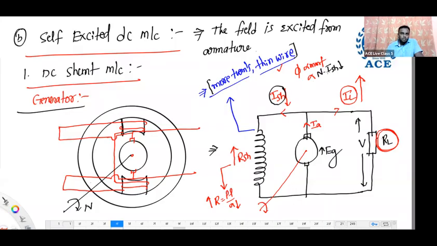MMF is not sufficient. For that reason, we increase the number of turns so that the required flux can be produced. Clear? That's why the shunt field is always represented with more turns and made of thin wire, because high resistance is required. Otherwise, if resistance is low, most of the current will go through the field winding and load current will reduce.